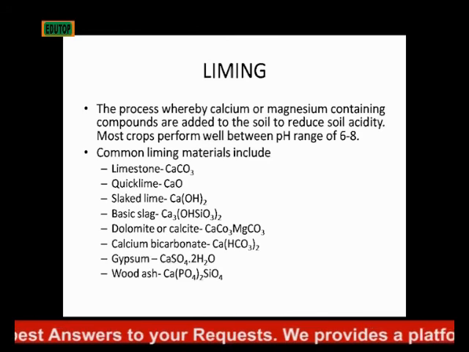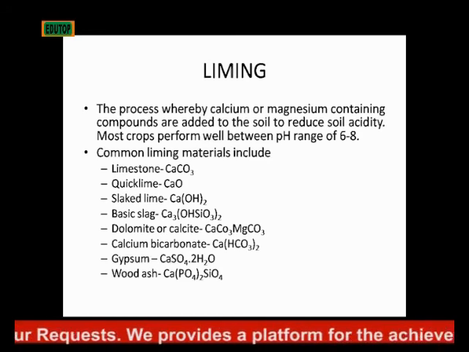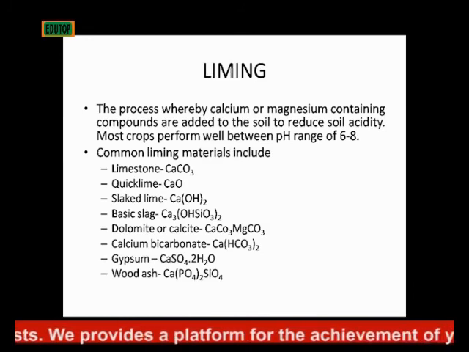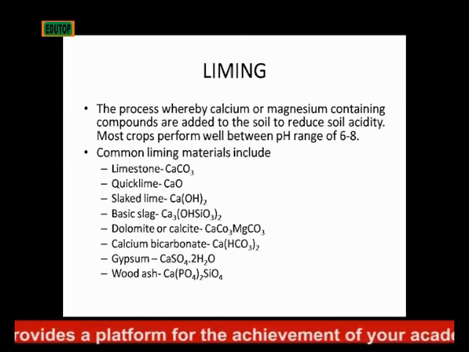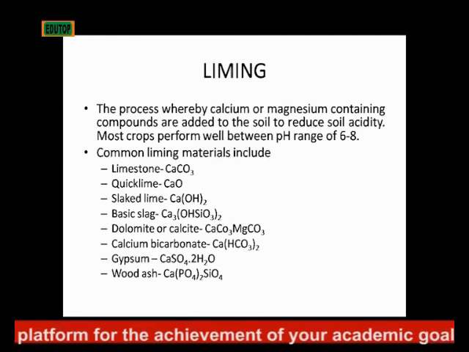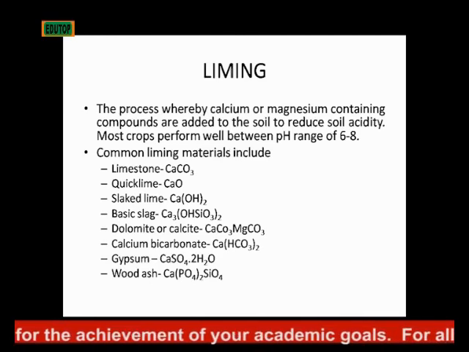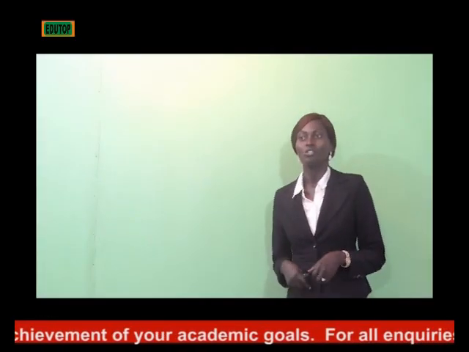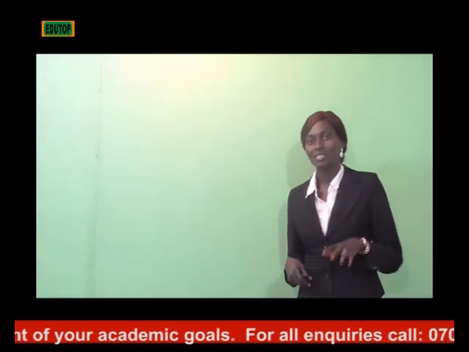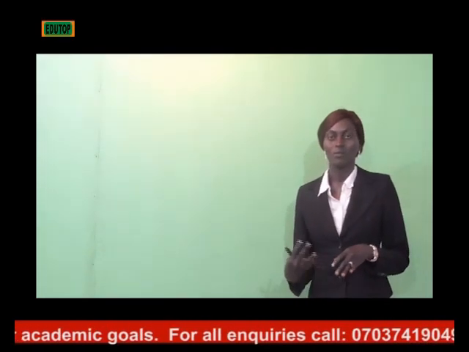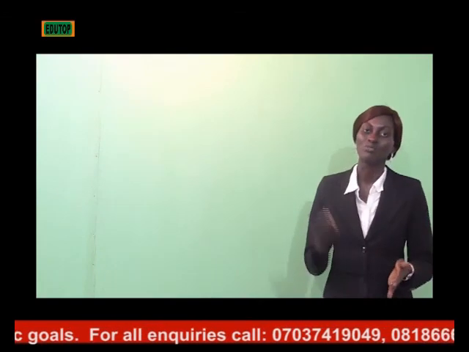Then common liming materials include limestone, quick lime, slaked lime, basic lime, dolomite or calcite, calcium bicarbonate, gypsum, then wood ash. Those are common liming materials that you can add to your soil to reduce its acidity. You know, they are basic. So when you add base to acidity, it will reduce the level of acid in the soil.